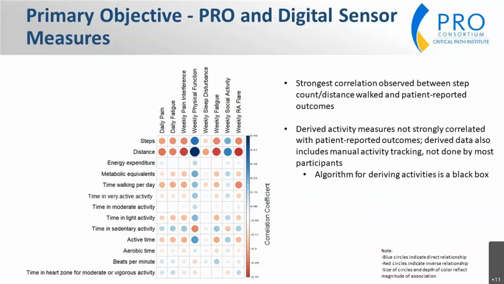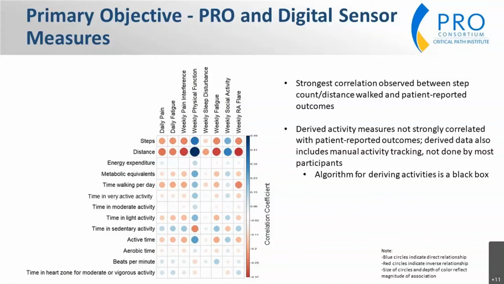The derived activity measures were not strongly correlated with the PROs, as the derived data could also have included manual entry of activity by participants. And because most participants did not make use of this feature of the Fitbit, the actual rate of activity tracking is inaccurate, and this may partially explain the lower correlation.